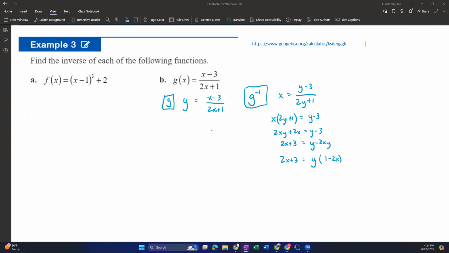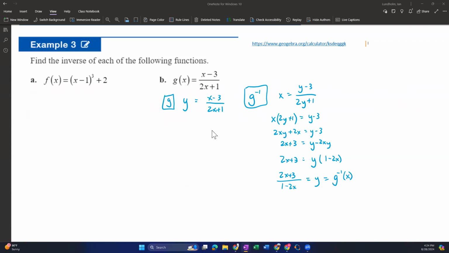And then if we divide both sides by 1 minus 2x, I think we'll be in business. There we have y, and that's G inverse of x.